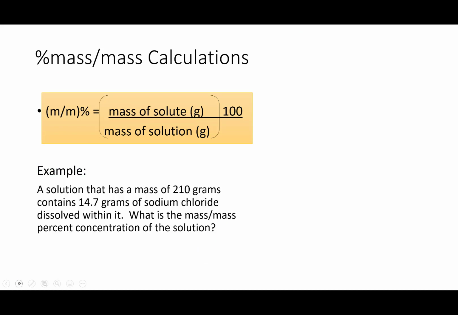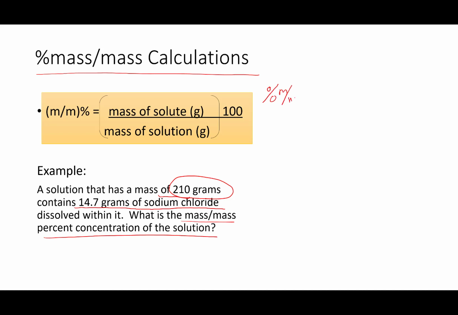So here goes. I want to find the percent mass calculation for a solution that has a mass of 210 grams and it contains 14.7 grams of sodium chloride. What is the mass percent concentration of this solution? So I want to know my percent mass. The mass of my solute. Solute is the thing being dissolved.